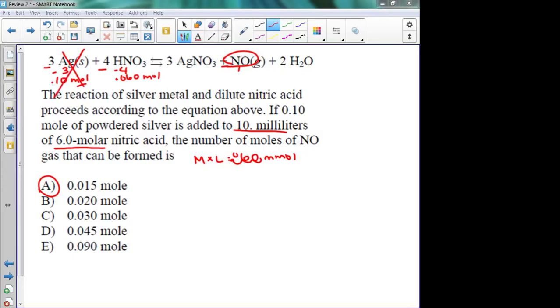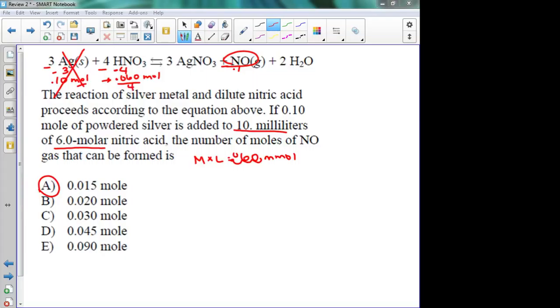So since this is a 4 to 1 ratio, how do I figure out how many moles of NO will form? Take this number and do what? Divide by 4, right? Because I've got 4 here, I've only got 1 there. So for my mole to mole ratio, I've got to divide this by 4 to get one of them.